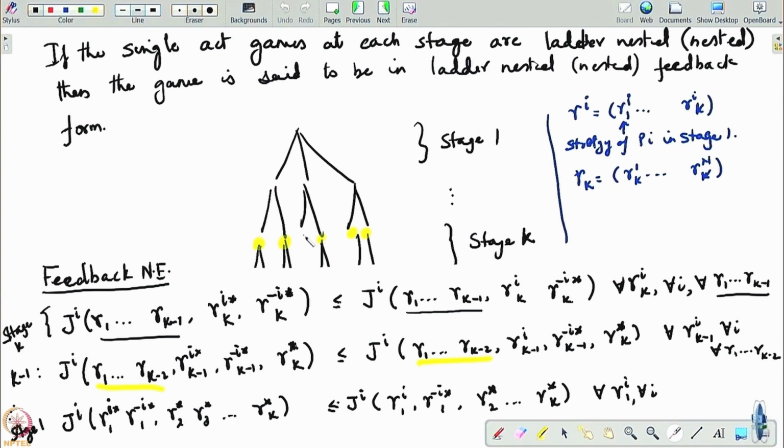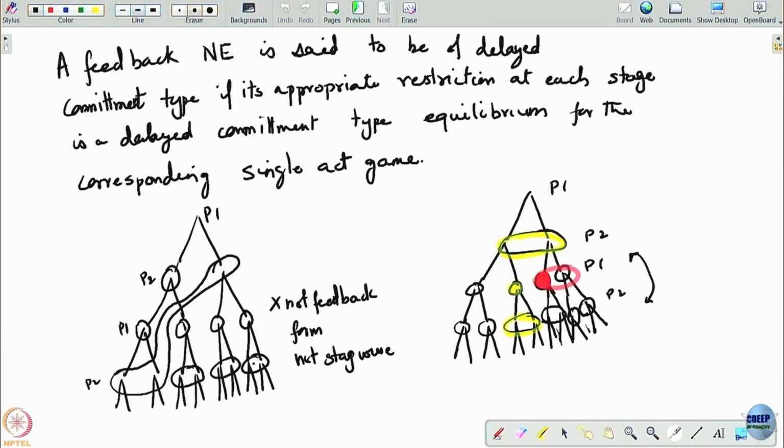So if you have an information set like this, it starts breaking down. How to play in this tree and how to play in this tree become coupled, and that in turn depends on what has happened in the previous stage, because you don't know what happened at the previous stage. At least player 2 does not know.